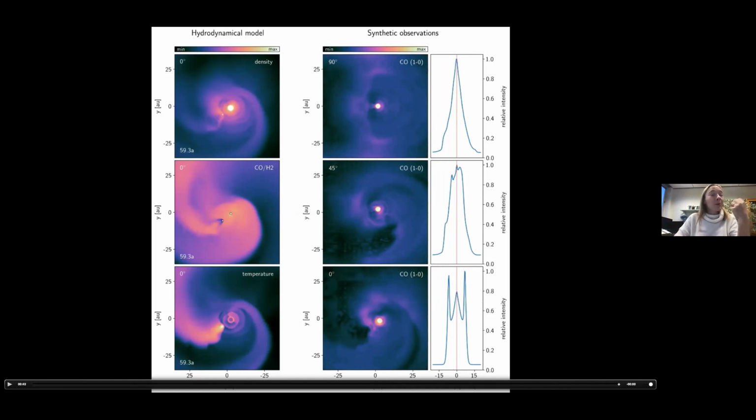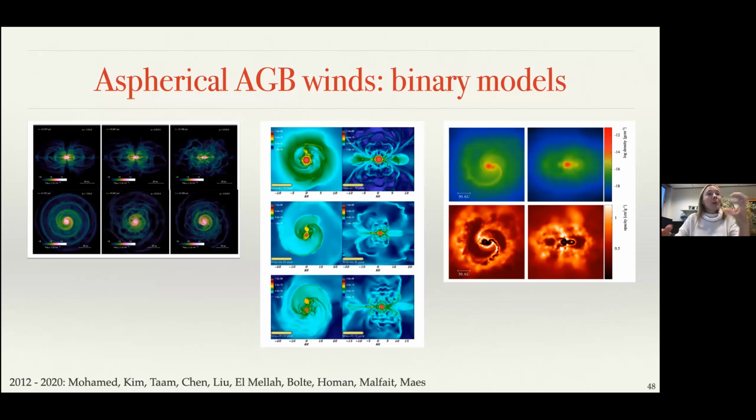We at least know we find them easy, but the closer the stars are, the more complex the behavior might be. And you do not only have spirals, as I have said already, you can also have the creation of disks. I will show that in the next simulation, a creation of a disk around the companion, an accretion disk. And if the two stars are very close to each other, you might have the creation of something that looks like a kind of a circumbinary disk.